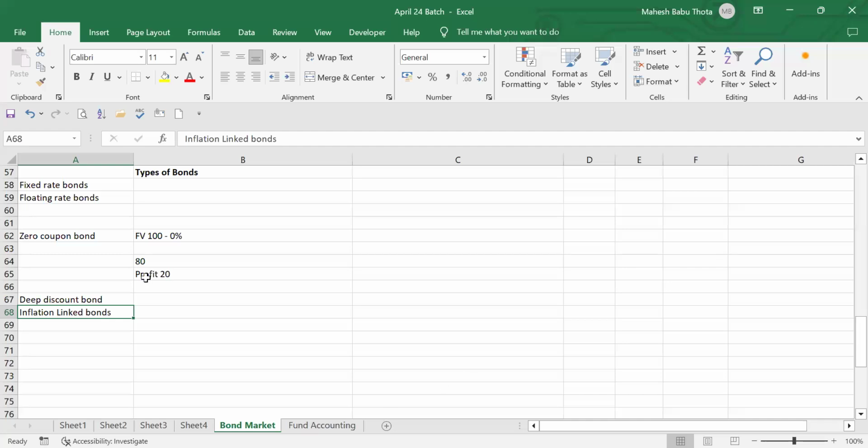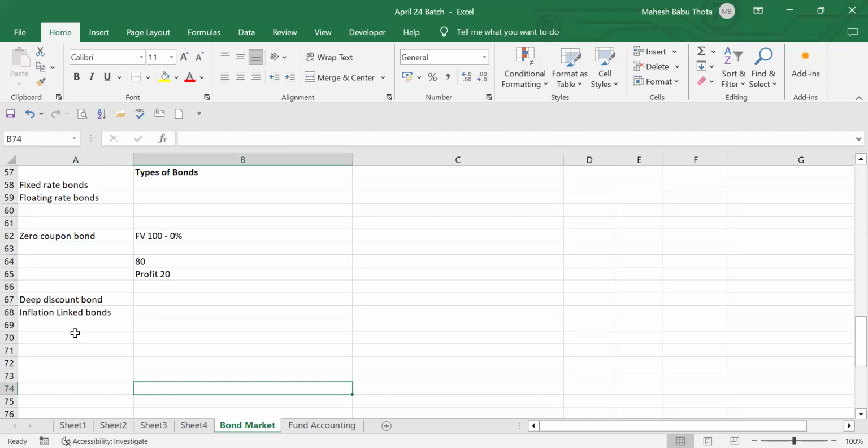Fixed rate bonds will always have a fixed rate, but inflation linked bonds will have lower interest rates because it's linked to inflation. If inflation is increasing, the interest rate will also increase. If inflation is reducing, the interest rate will also reduce. That's the reason the rate of interest would be lower than fixed rate bonds. Okay, understood?